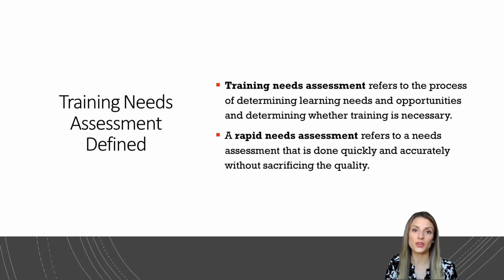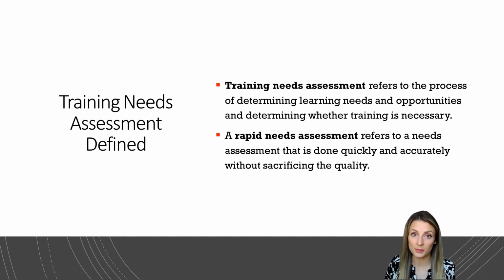Regardless of whether we use the traditional approach or the rapid approach, we need to identify the outcomes that we are expecting before we collect data so that we can choose the most appropriate data collection methods for our situation.